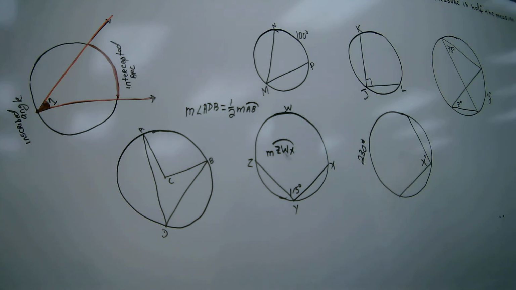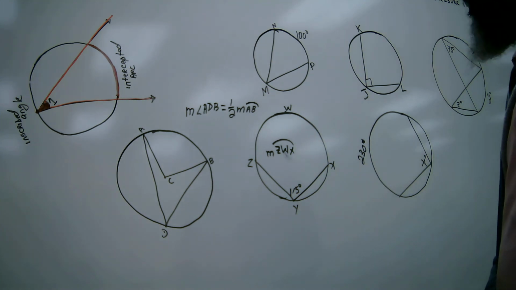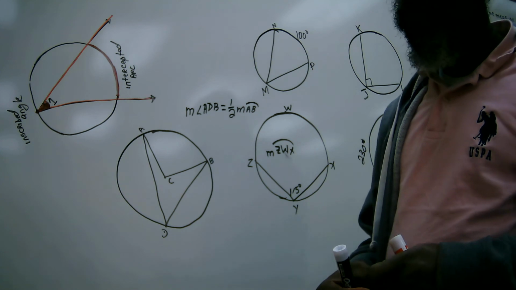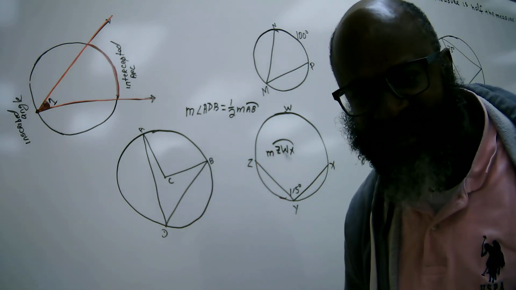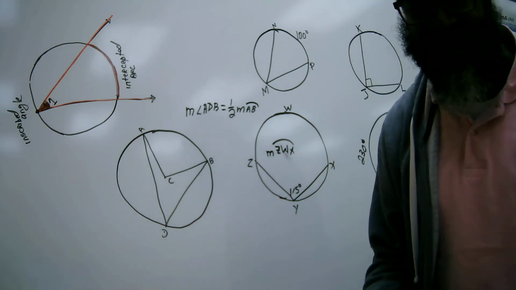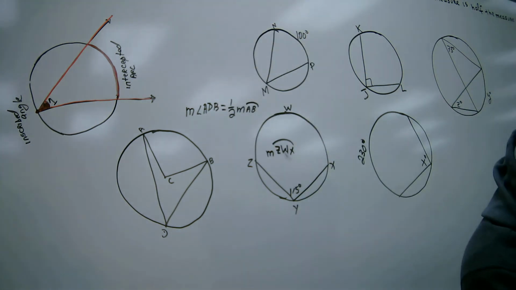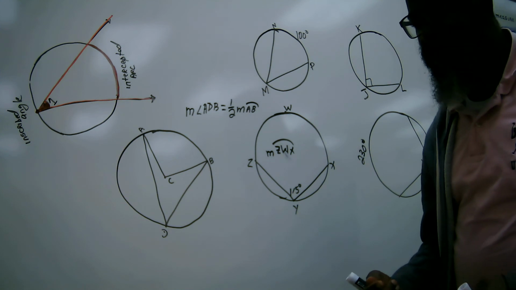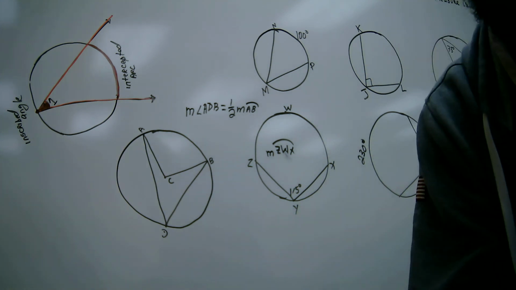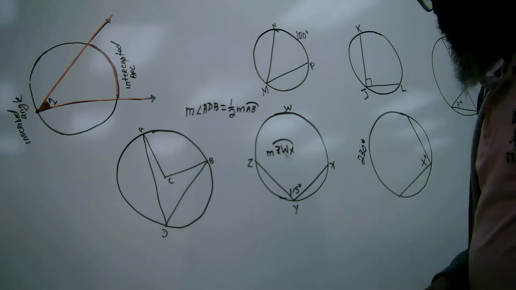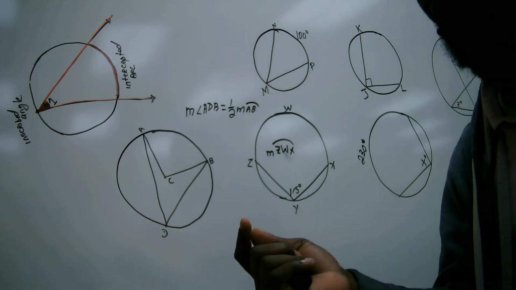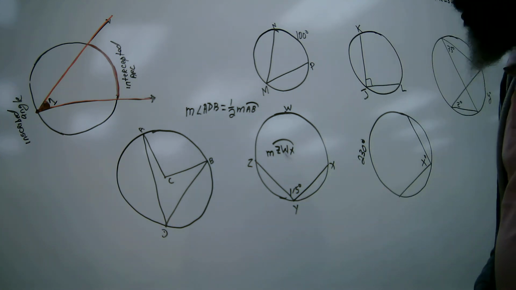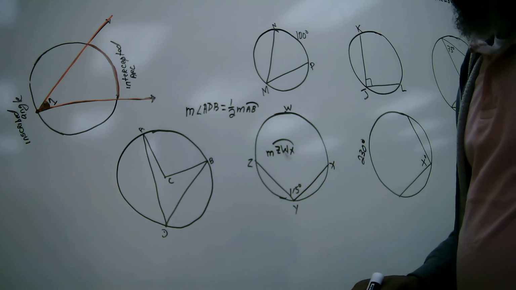To find an inscribed angle, identify the intercepted arc and take half of it. Whatever the intercepted arc is, cut it in half. That will give you the inscribed angle. On the other hand, if you know the inscribed angle, in order to find the intercepted arc, just multiply it by 2.